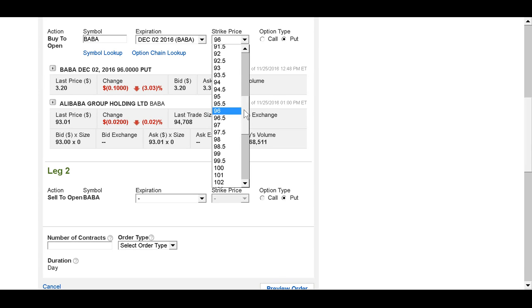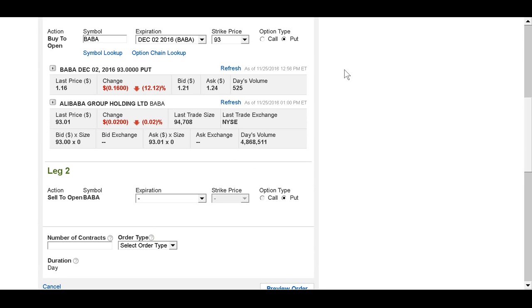All right, and an at the money put option would have no intrinsic value, because why would you buy 100 shares of Alibaba stock at $93 and then buy the right to turn them around and sell them at $93 a share? That would be no profit.